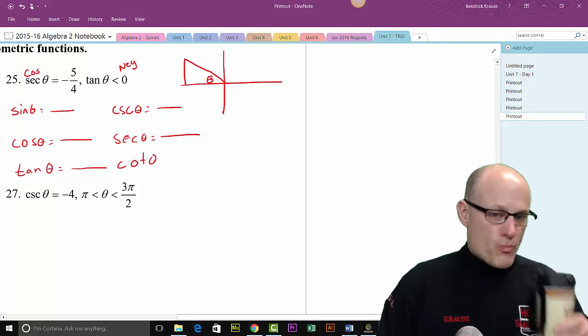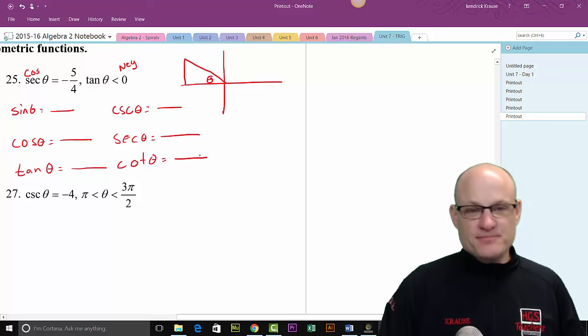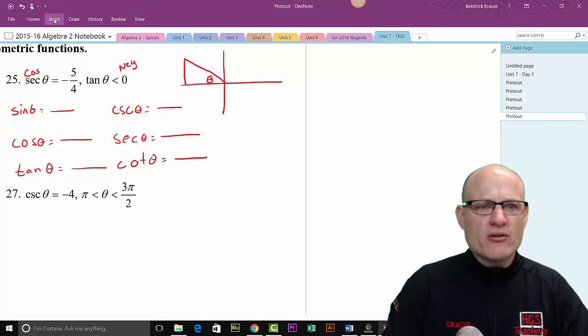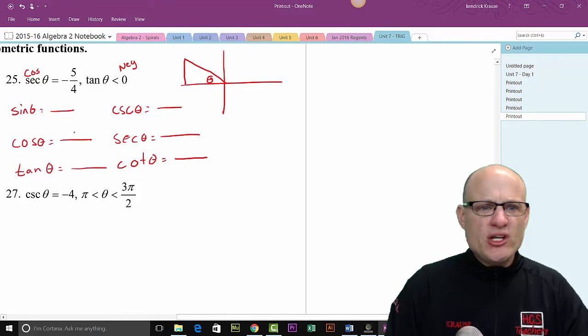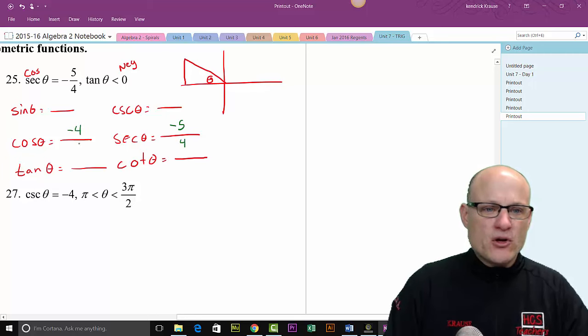All right, let's see. What did we already know? We already know that secant is negative 5 over 4. So that means this has to be negative 4 over 5. We just flip it. Well, if cosine is, this is opposite, this is hypotenuse, this is adjacent. Cosine is adjacent over hypotenuse, 4 over 5, and that makes this 3.